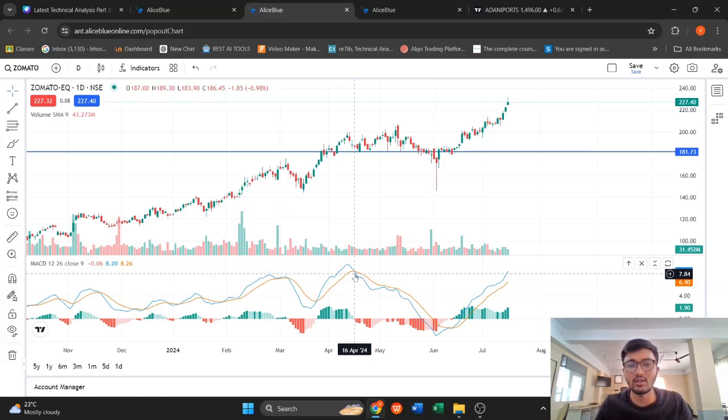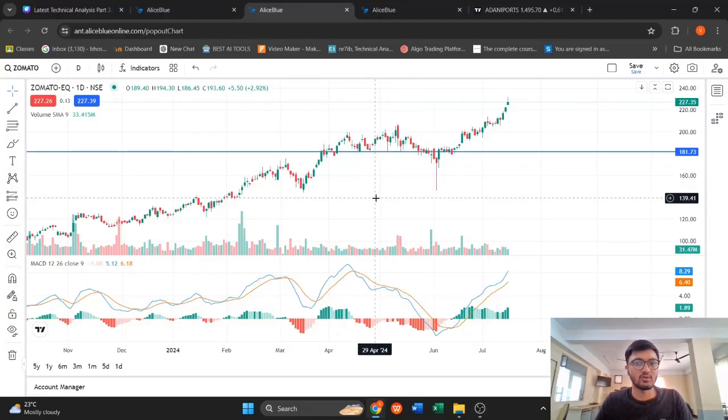So you can use EMA, you can use volume, you can use RSI, and if two or three indicators are telling you the same kind of story about what is going to happen, then you don't have to worry about the outcome of your trade, because many of the indicators are telling you the same story about what can be the possibility for a particular thing. Then you should not look at whether this particular thing is going to happen or not. So that's how you have to make your decisions in a more constructive way using indicators.